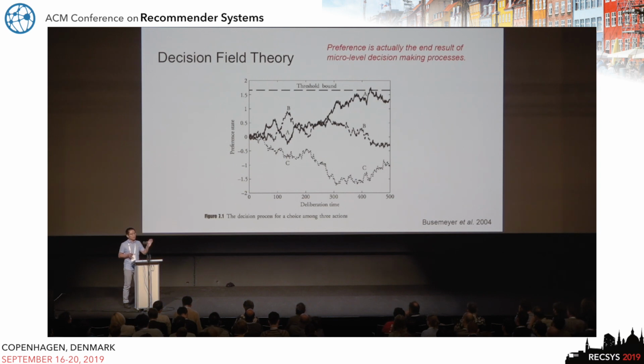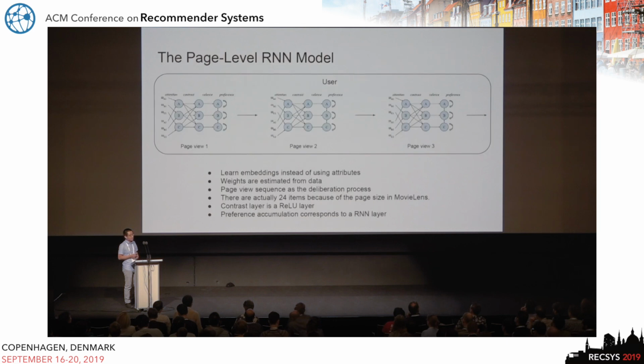Correspondingly, in the recommender system, it means that the action is performed in the page view. So we propose to model this with a page-level RNN model. Each user is represented as a page view sequence. There are some similarities with the theory, but there are also important differences I want to point out. We did not exactly implement the theory.